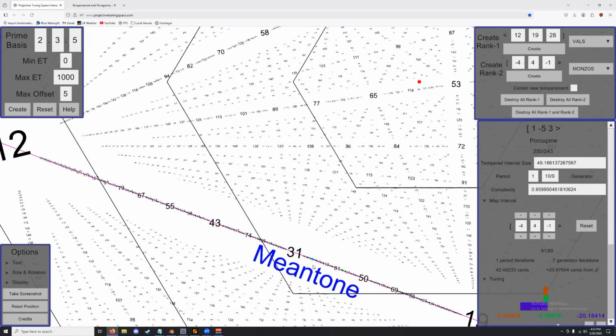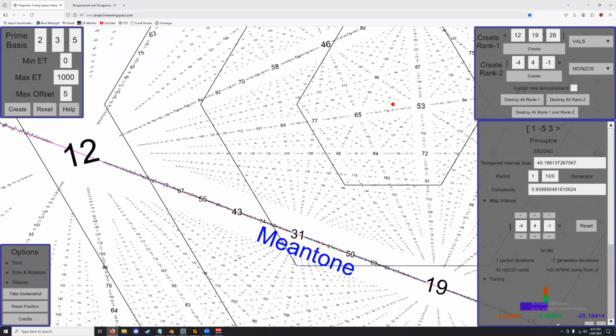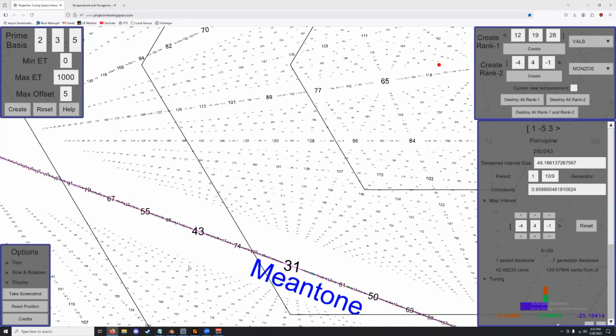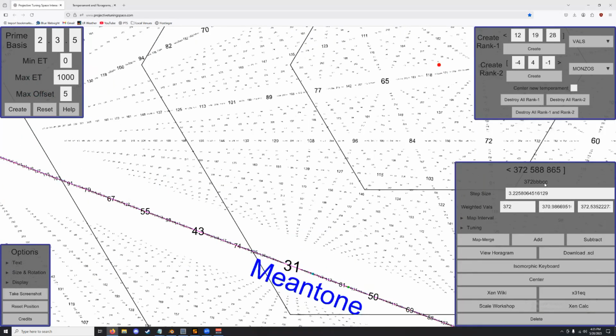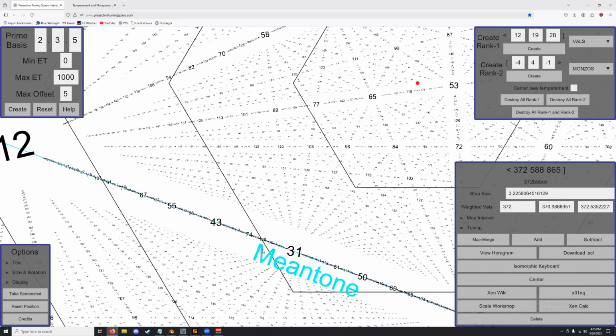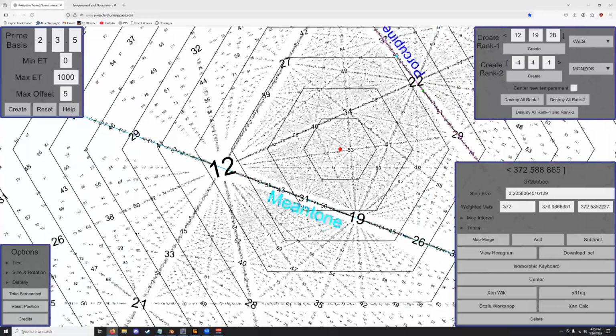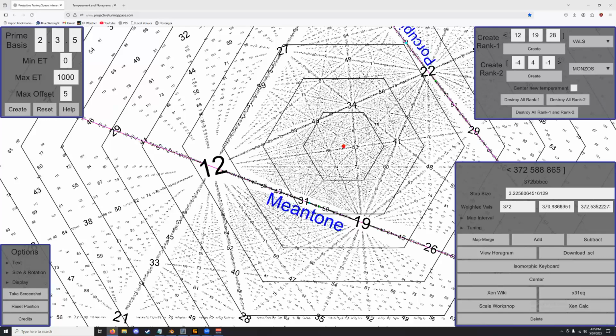Most of these, nobody cares about, like 372 BBBCC, but you can really see the landscape, and the gravitation of meantone here is very prominent. It looks like everything's sloping towards it, because it has a relatively low complexity for its area.